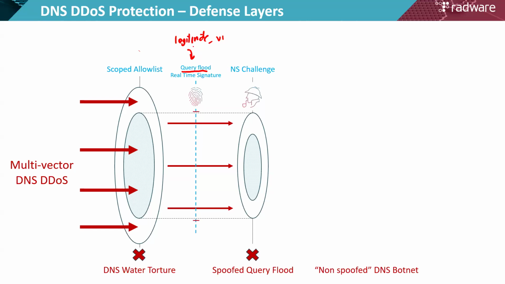That is problematic. These are legitimate requests targeting a domain name which exists. They are not spoofing anything or sending fake requests, but the rate is very high, and hence these are known as query flood attacks.